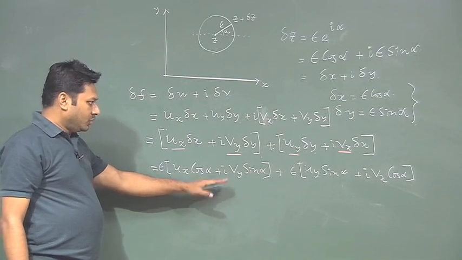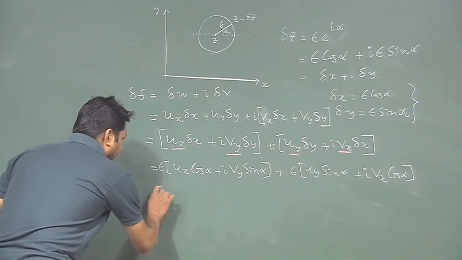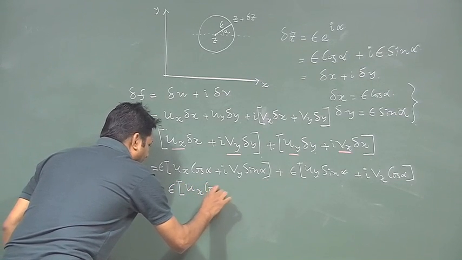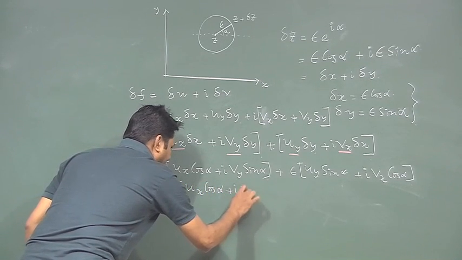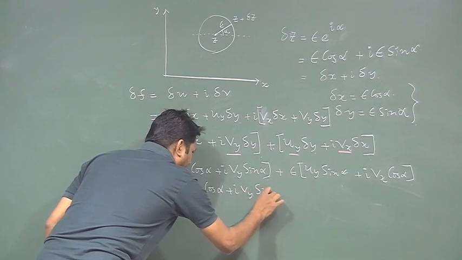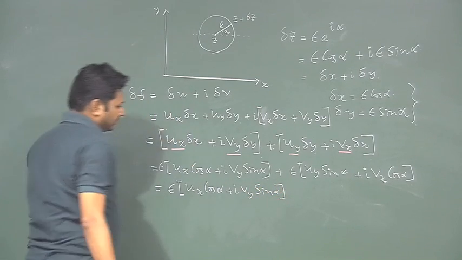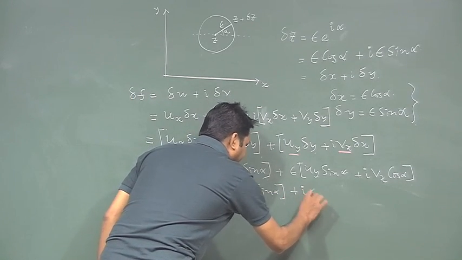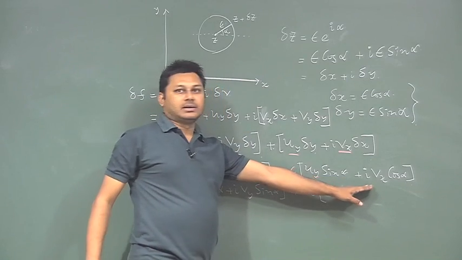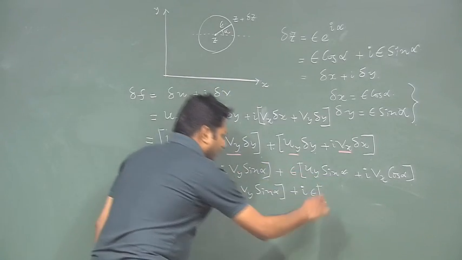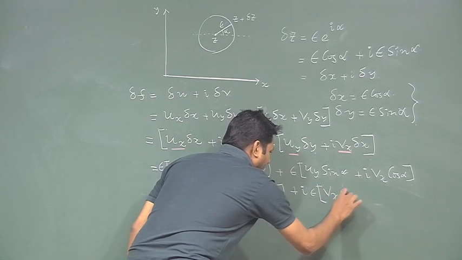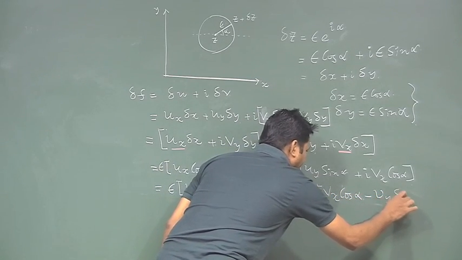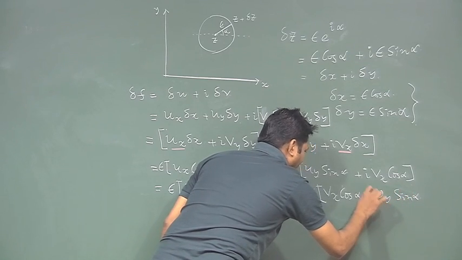Now, I will again rearrange these things slightly. So, epsilon times u_x cos alpha plus i v_y sin alpha, plus i epsilon, where I take i common from here: v_x cos alpha minus u_y sin alpha with one i inside.